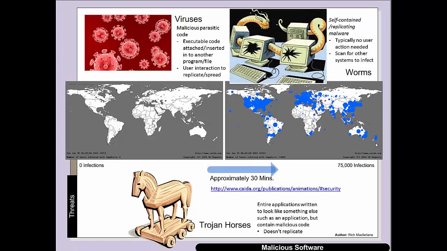But basically viruses are a bit like a human virus, so they need a host. They are some sort of parasitic code, software which attaches itself to other software, quite often at the beginning of a piece of software, so it will run before the main program which is intended to be run. Quite often the pieces are executable.